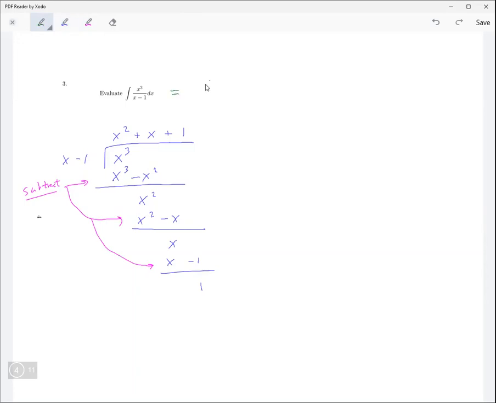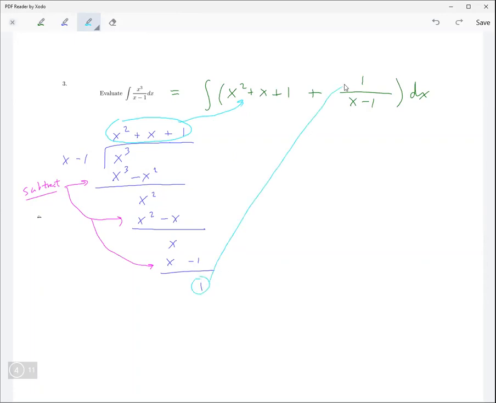So that means that what we're taking the integral of is this right here, plus this 1 over x minus 1. So this came from here, and this one came from there. Then we can go ahead and take the integral.